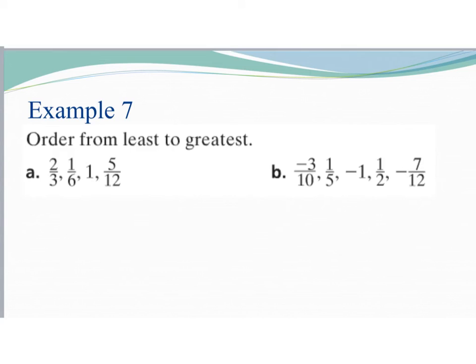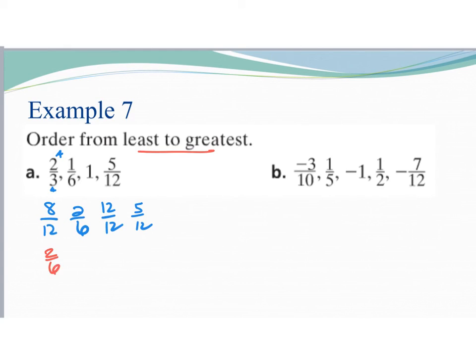For part A, my common denominator, or least common multiple, is going to be 12. So I multiplied 3 by 4, which means I also multiplied 2 by 4, so I have 8/12, 2/12, 12/12, and 5/12. Because all of these are positive, I can just go ahead and write them in order with my smallest fraction coming first because I do want least to greatest.